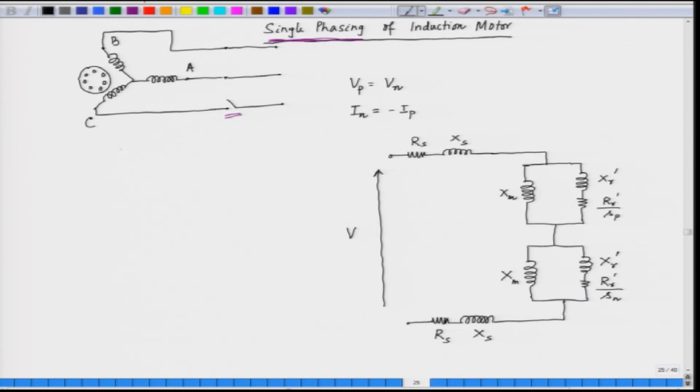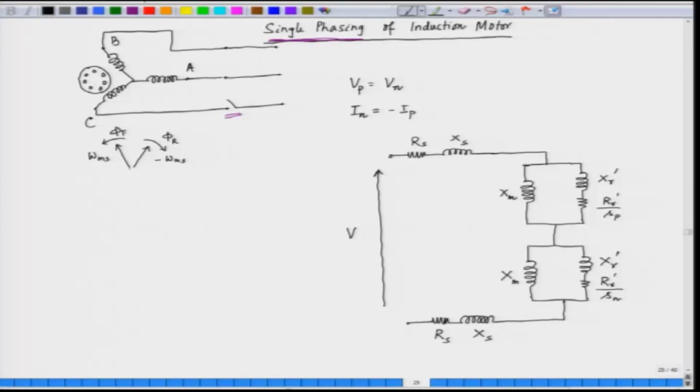We have a forward field phi f which rotates in the forward direction, and a reverse field phi r which rotates in the backward direction, and these fields are initially of the same magnitude. The speed of one is the synchronous speed omega ms, and the other is minus omega ms, because it rotates in the opposite direction.